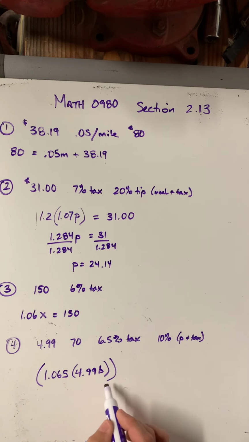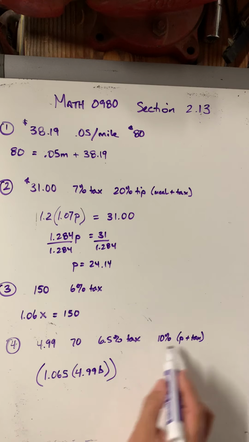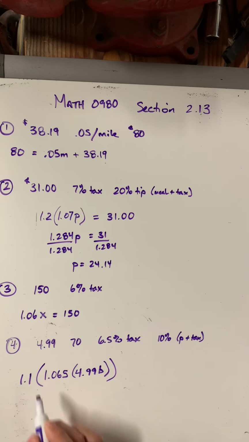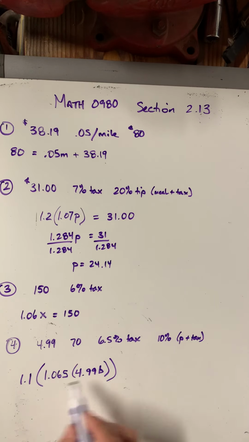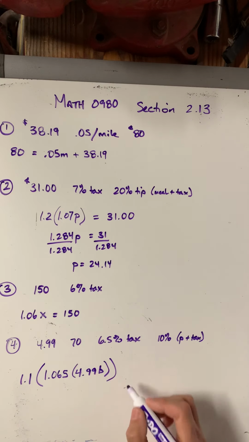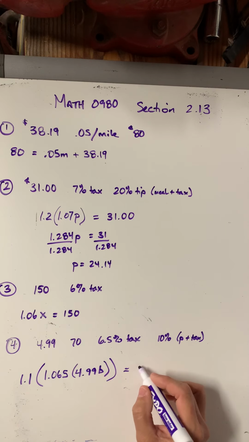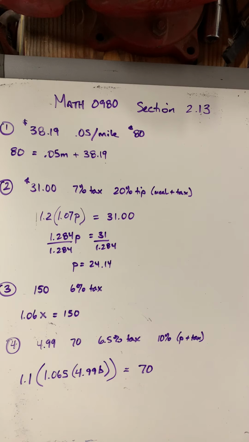Then I'm going to pay on all that my shipping, which is my multiplier of 1 for the whole thing, and then 0.1 for the 10%. And all that equals 70, because that's how much money I have. So let's see what happens. You can go 1.1 times 1.065 times 4.99.